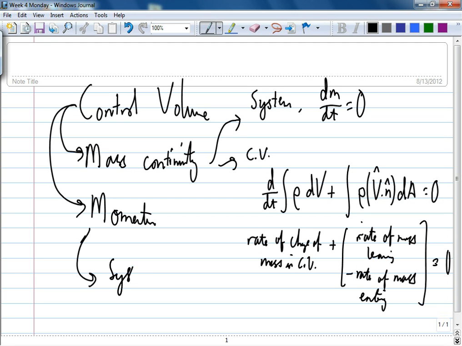Now for momentum, for the system, the sum of forces is equal to mass times acceleration. Remember the difference here: this one we have to worry about direction. It is a vector. Mass is a scalar, but a is a vector, a has direction.